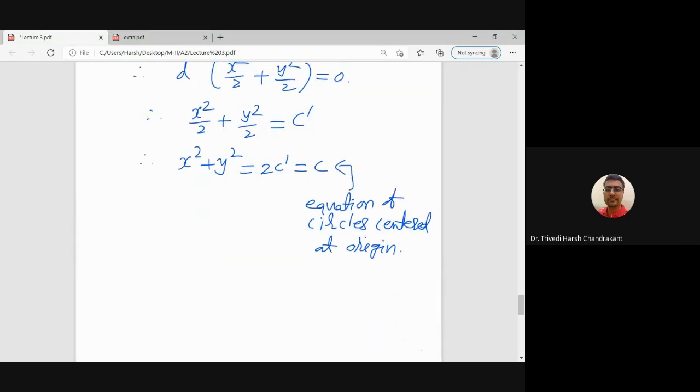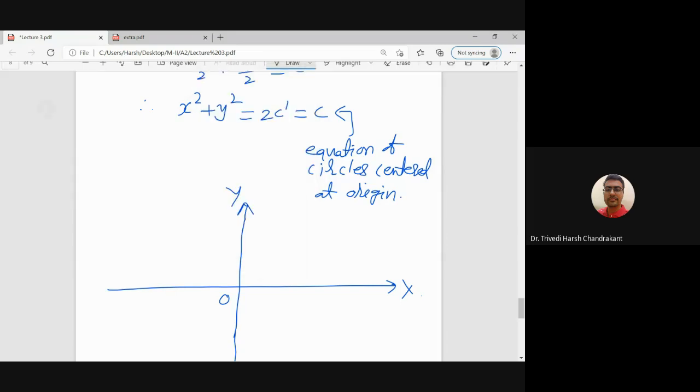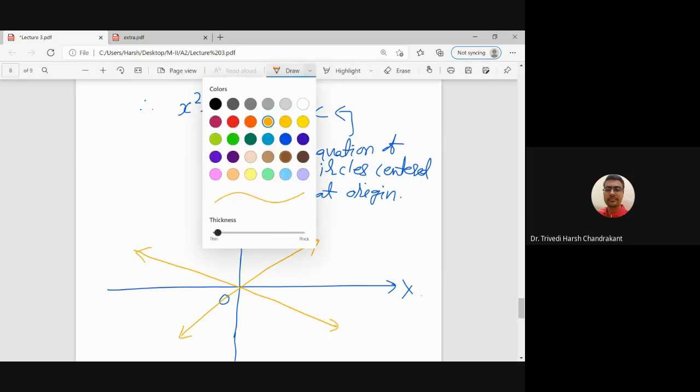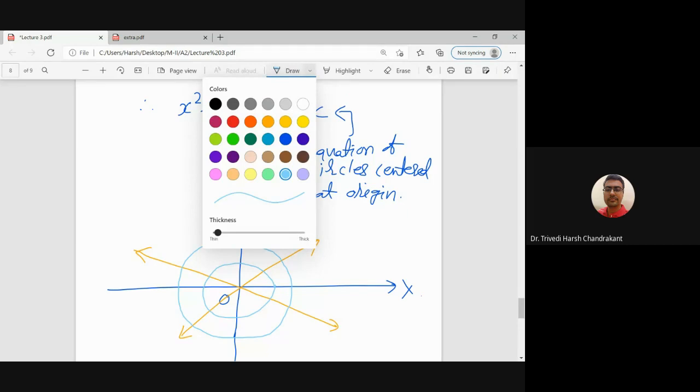So in this process what we have verified is: we were given the family of lines which pass through the origin, and what we got is the orthogonal family to the lines, which are the circles centered at the origin.